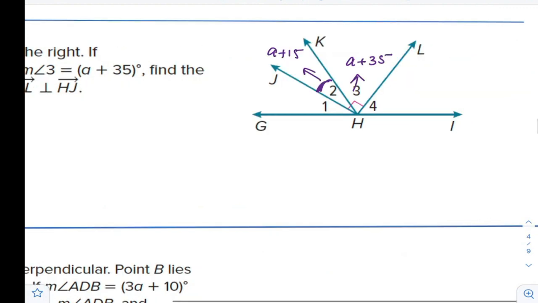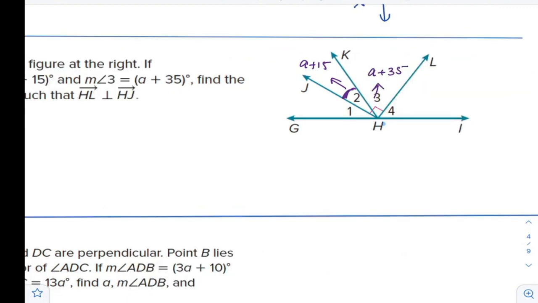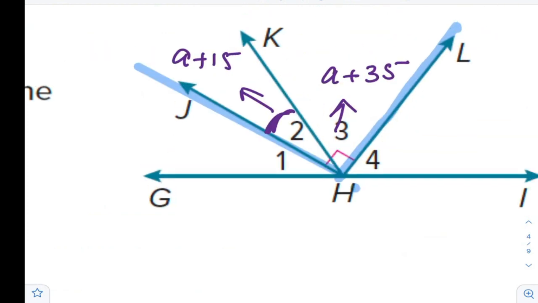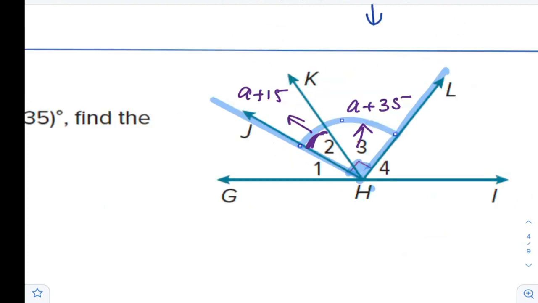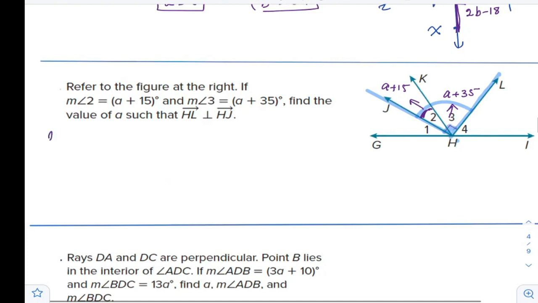HL, يعني this one, is perpendicular to HG. And it is shown by the right angle as you see here. This means that 2 and 3 together form a right angle. And we can say that they are complementary. معناها measure of angle 2 plus measure of angle 3 equals 90, as very clear here.